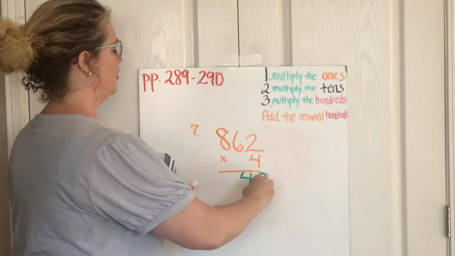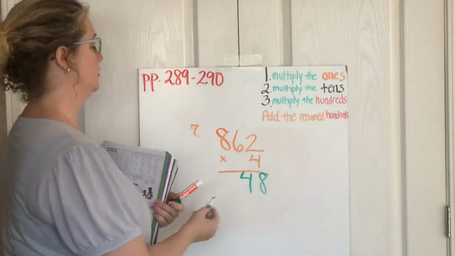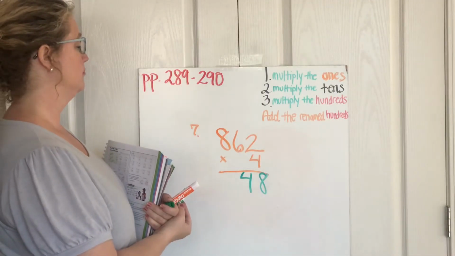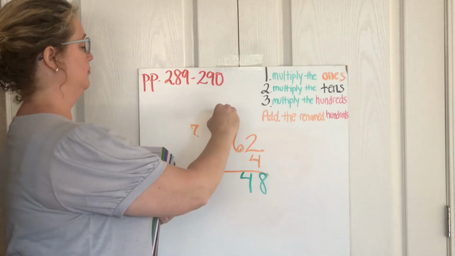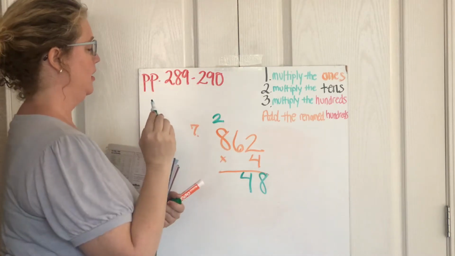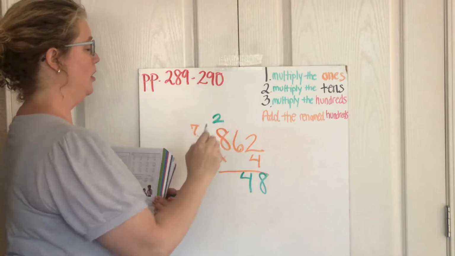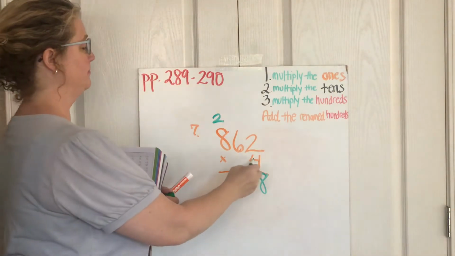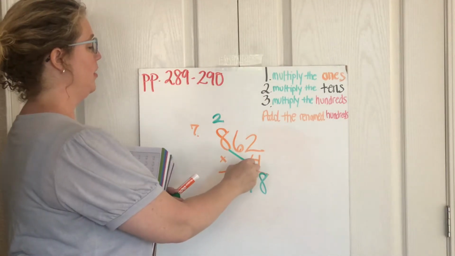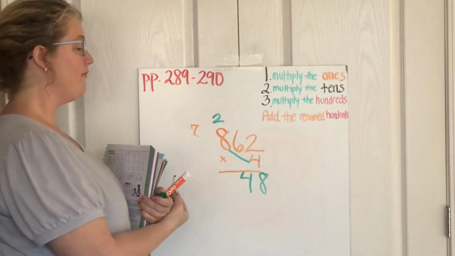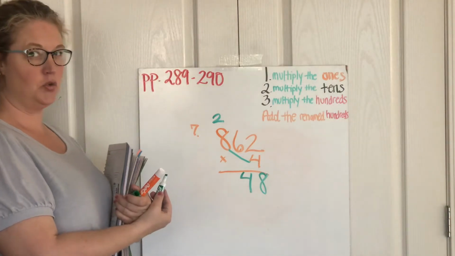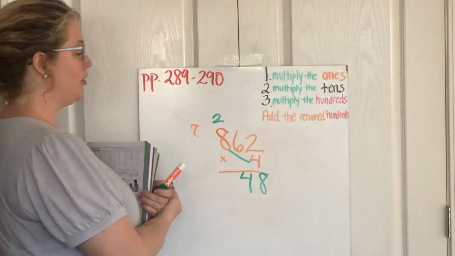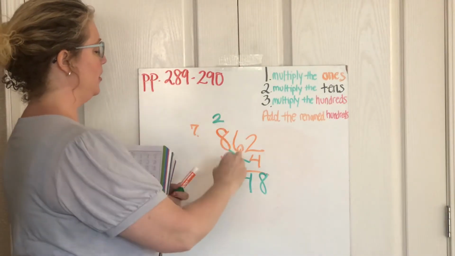So I put my 4 tens, 2 hundreds, multiply the hundreds. 4 times 8, 4, 8, 12, 16, 20, 24, 28, 32, 33, 34.